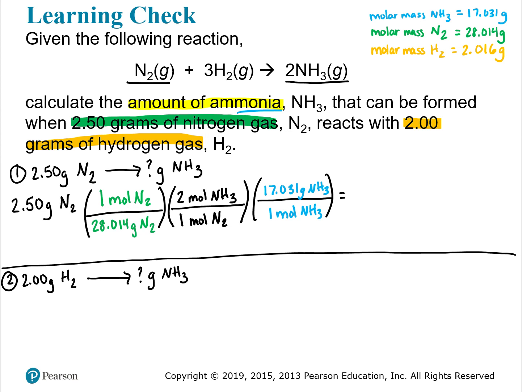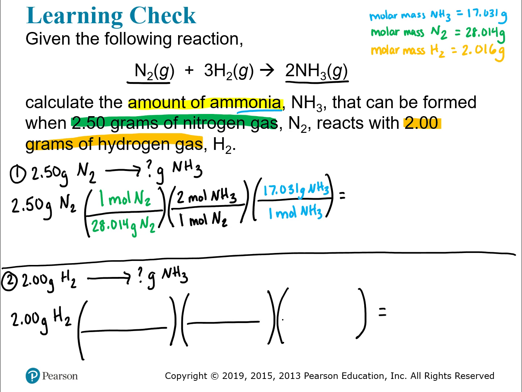So I'm going to set up the hydrogen equation now. Same idea here. We're starting with 2 grams of hydrogen gas. We're first going to use the molar mass of hydrogen gas to figure out how many moles we have.